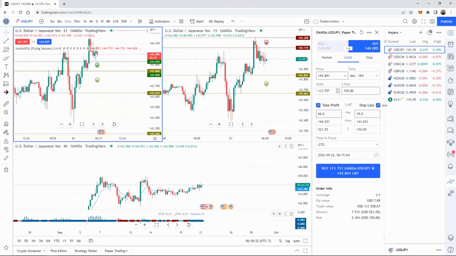So our stop, we're going to go 143,634, and taking away 5 pips is going to go down to, math failing right now, 634. So 34 minus 5, 29.